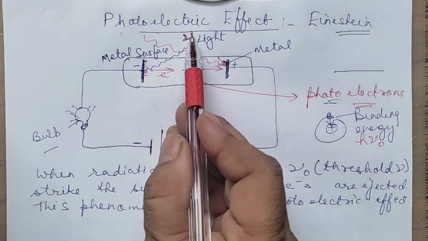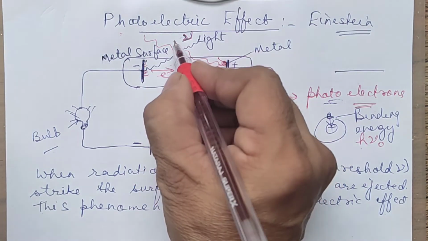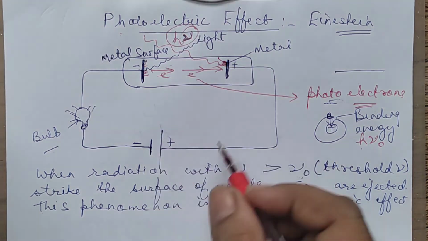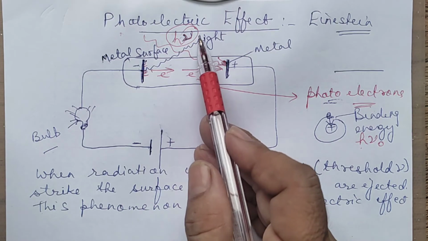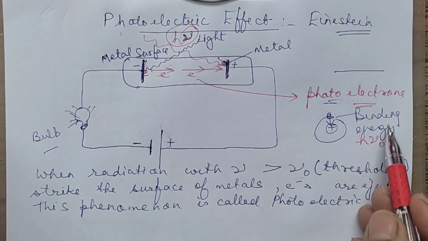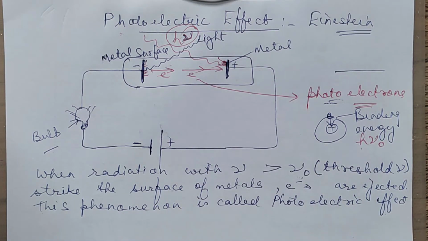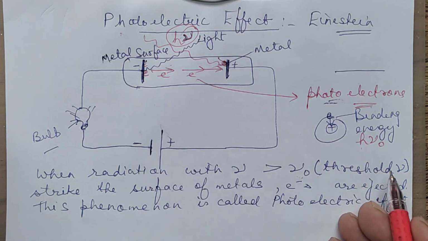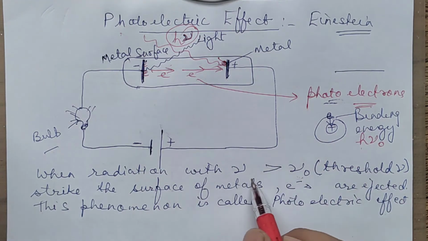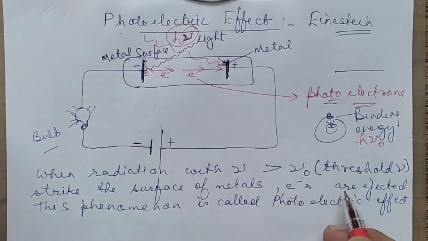Similarly, h nu is the energy of the light, and h nu naught is the binding energy. So h nu should be greater than h nu naught. Because h was constant, we ultimately said nu should be greater than nu naught. Only then will the photoelectric effect be visible.